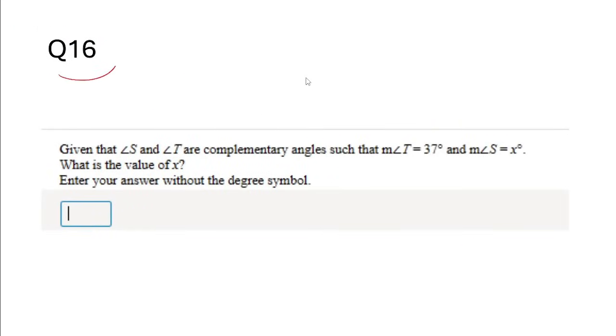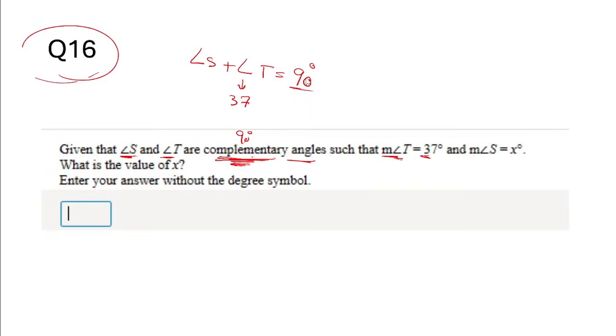Question number 16. Given that angle S and angle T are complementary angles, what does it mean? It means that angle S plus angle T will be equal to 90. Complementary angles, 90 degrees. Such that the measurement of angle T equal to 37, and the measurement of angle S equal to x. What is the value of x?